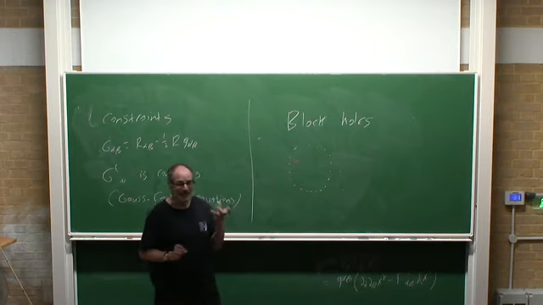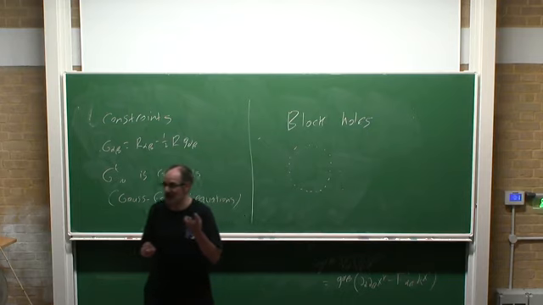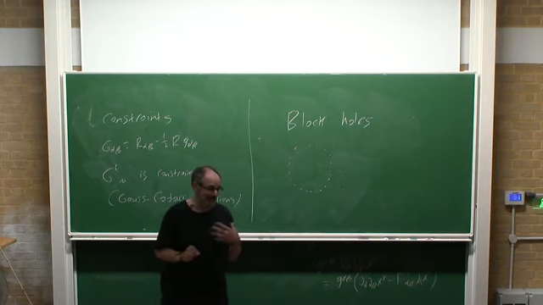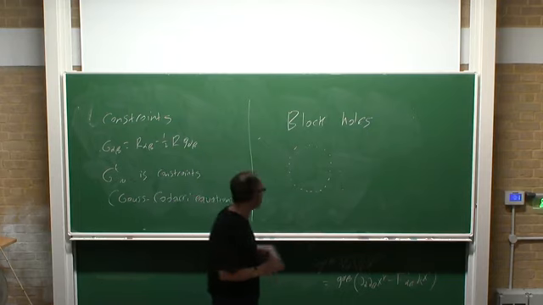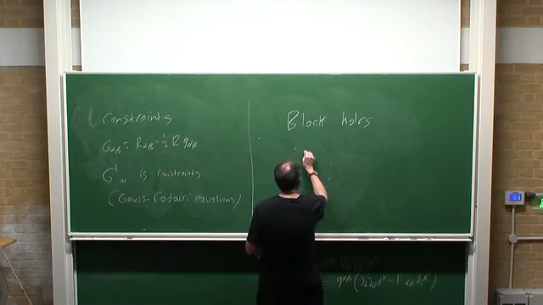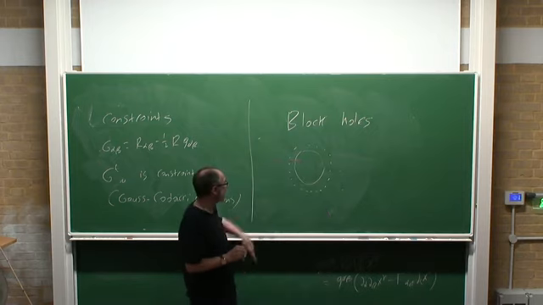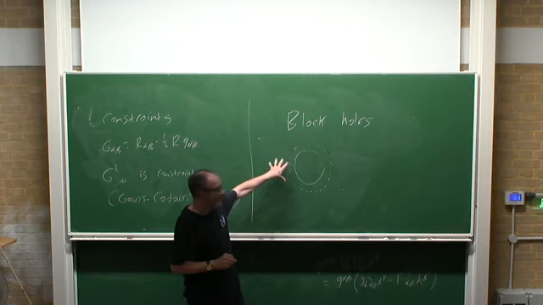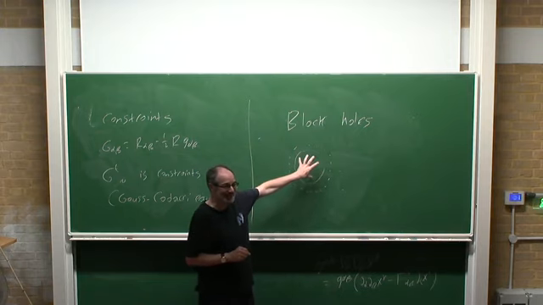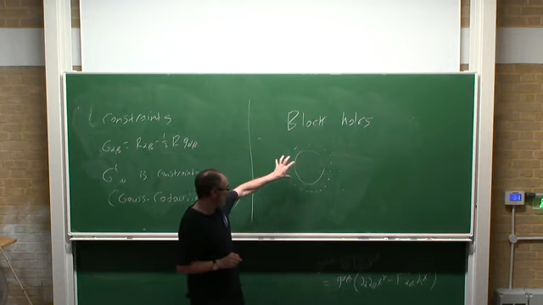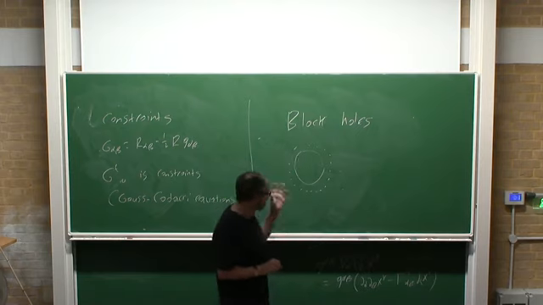Okay, so a black hole is basically a region in which gravity has gotten so strong that even light can't escape. So now imagine that you have some object, some matter that's somehow gotten itself sufficiently compressed that it's formed a black hole. So this dotted line is the region of no return. Everything inside it is going to be trapped.